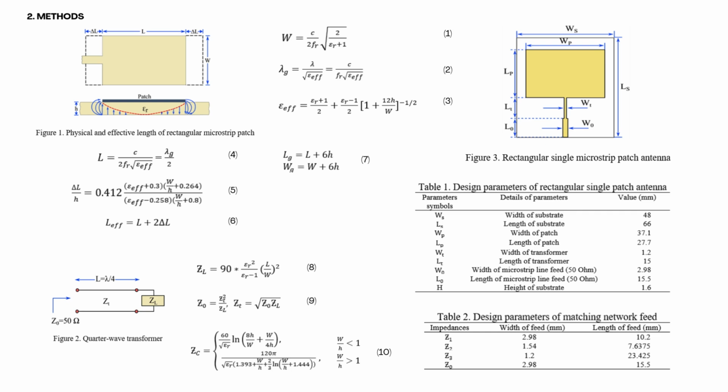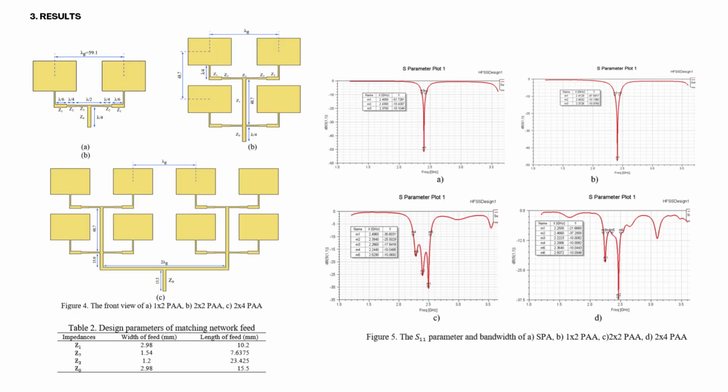It can be seen from figure 4a that the distance between the patches is divided into fractions equal to lambda divided by 6, lambda divided by 4, and lambda divided by 2. The width and length of the matching network transformers are presented in table 2.